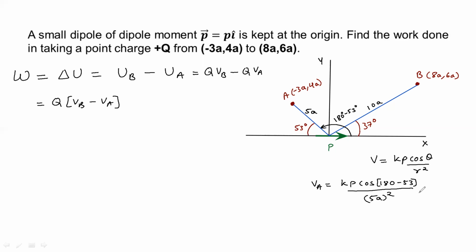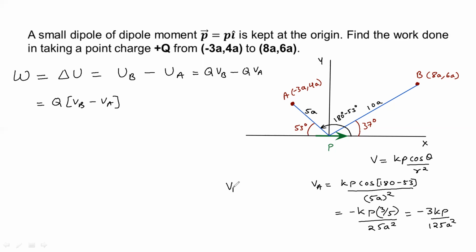Now, what is cos of 180 minus 53? It is going to be minus cos of 53. So this is going to be negative Kp times cos 53, which is 3 over 5, divided by 25 a squared. So we'll get minus 3 Kp by 125 a squared.